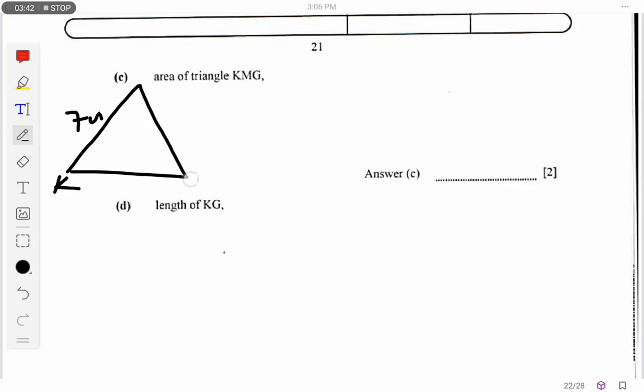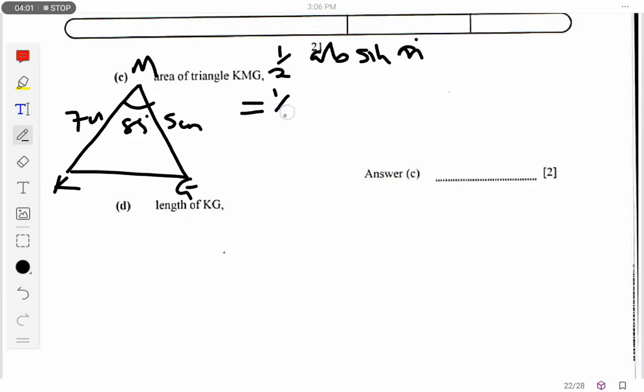This is my K, my G. This is my M. I have 5 centimeters here, and our angle is 85 degrees. So we are just going to use area of a triangle is half ab sine M. So this is going to be equal to half a, that's a 7, times our b, that's a 5, times sine 85 degrees.